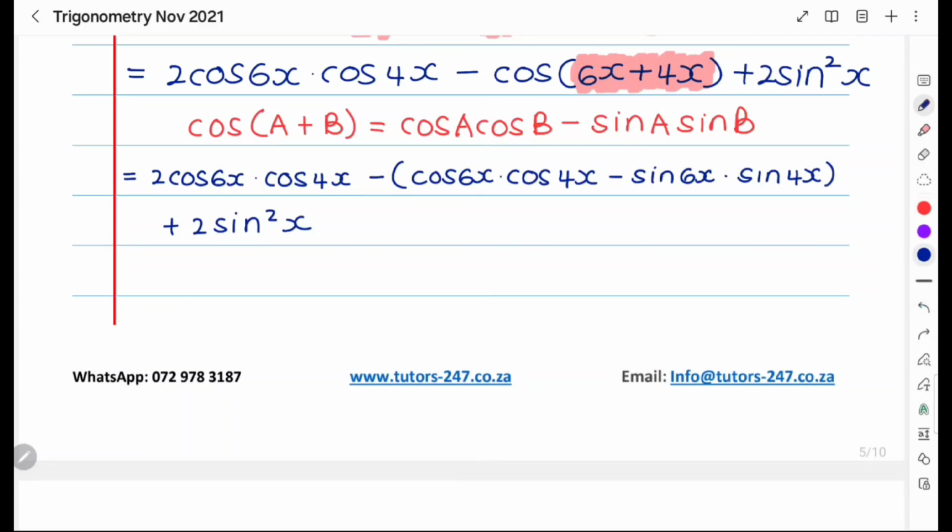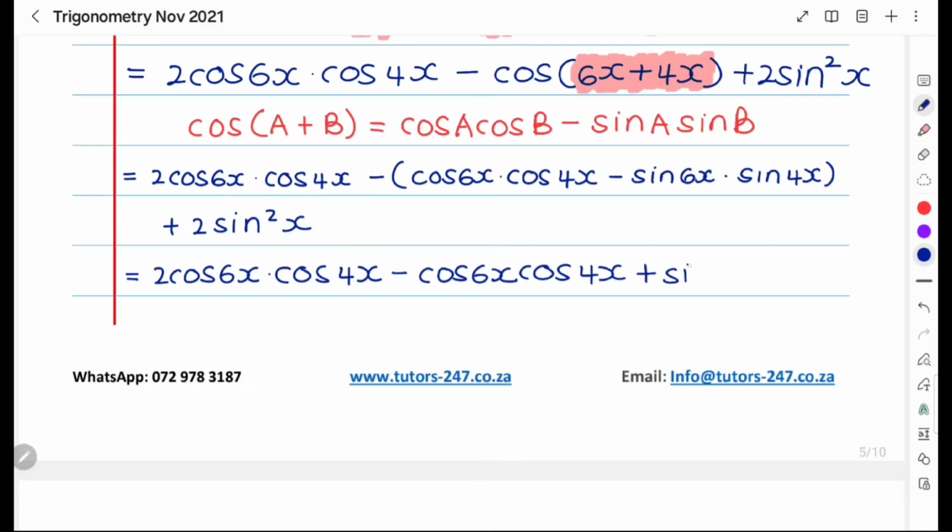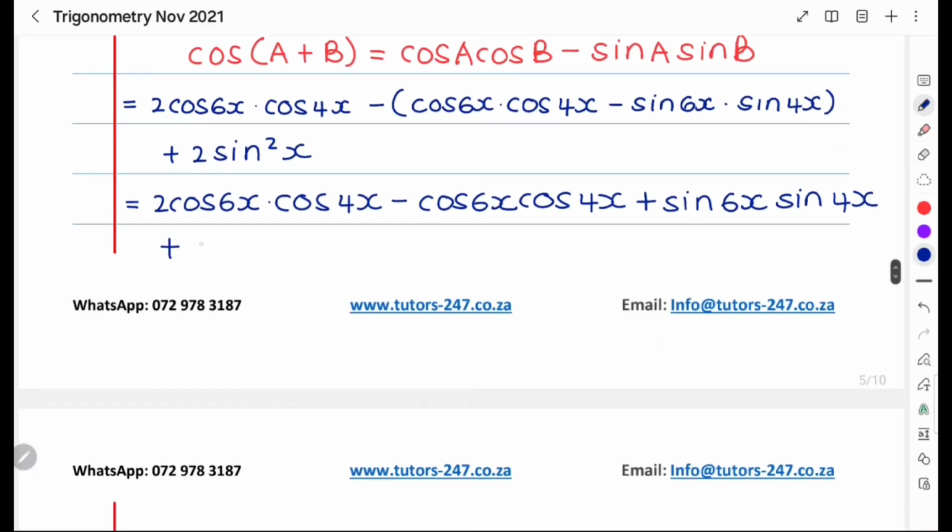So that is then going to give us 2 cos 6x cos 4x minus cos 6x cos 4x plus sine 6x sine 4x. And don't forget to bring down the positive 2 sine squared x.